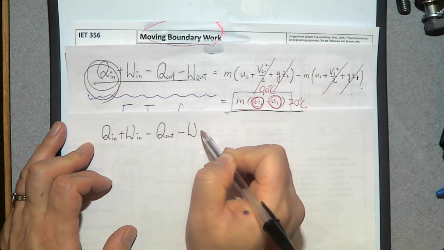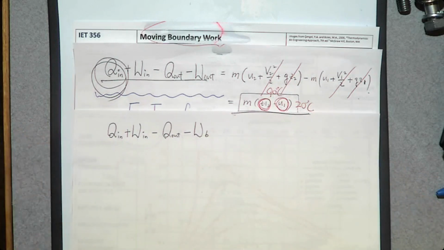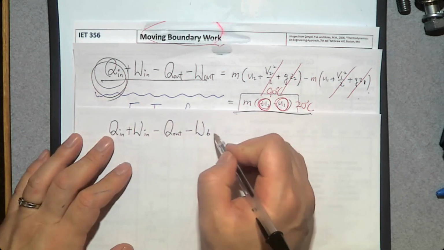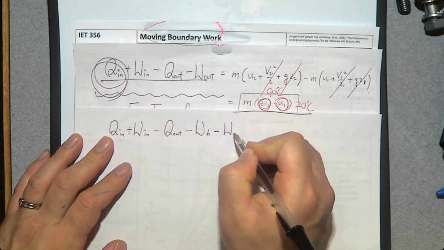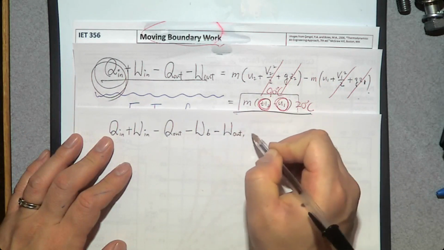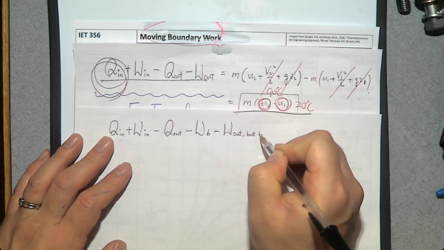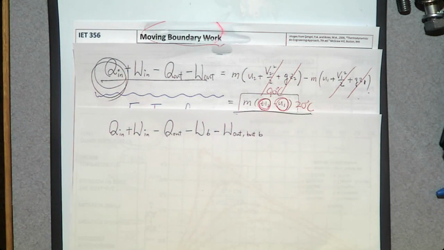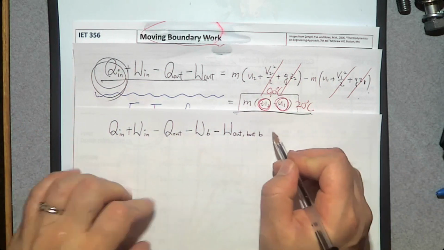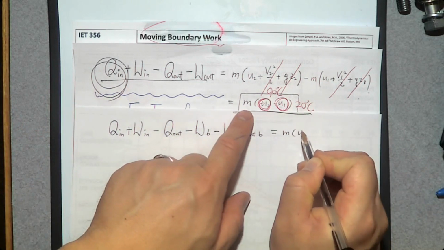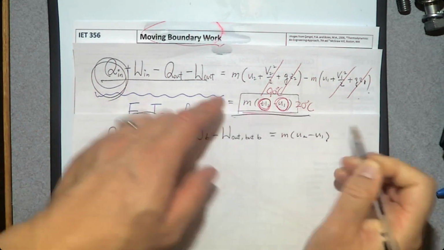Now WB may not be the only W out. There can be additional W out. So I'm going to say minus W out, everything but B. Make sense? So this one is going to be mass times U2 minus U1.